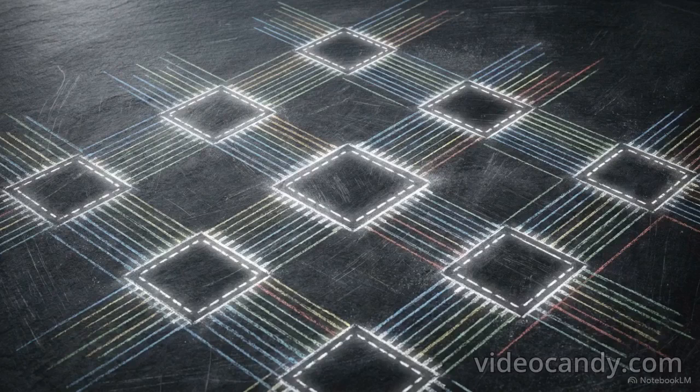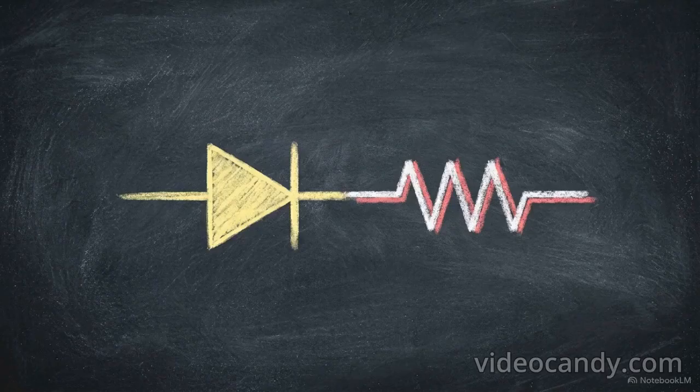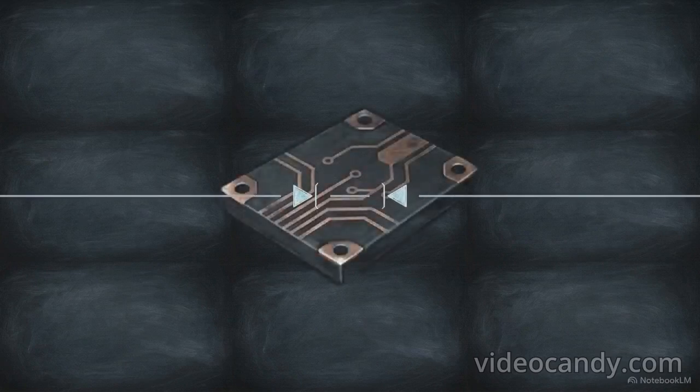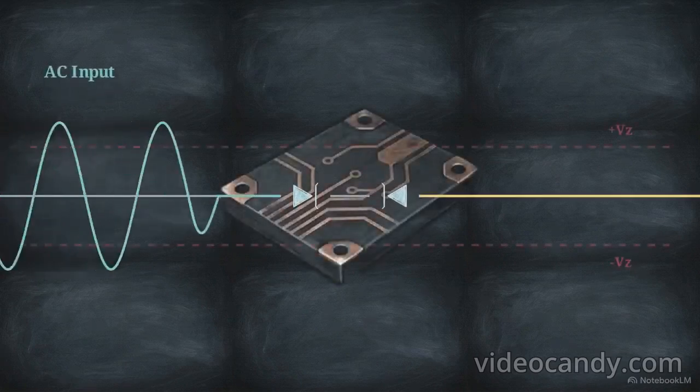While providing reference voltages is its most common task, the precise nature of this breakdown is leveraged for several other circuit applications. By placing a Zener diode in series with a resistor, it acts as a precise voltage shifter, stepping down an output signal by the exact quantitative value of the diode's breakdown voltage. When two Zener diodes are wired facing each other in series, they create a waveform clipper.